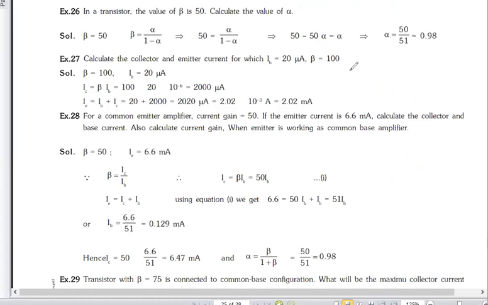Wait, let me check. Because obviously alpha is less than 1. That's for sure. So alpha should be 1 minus 1 by beta, right? So 1 by beta is equal to 1 minus alpha.